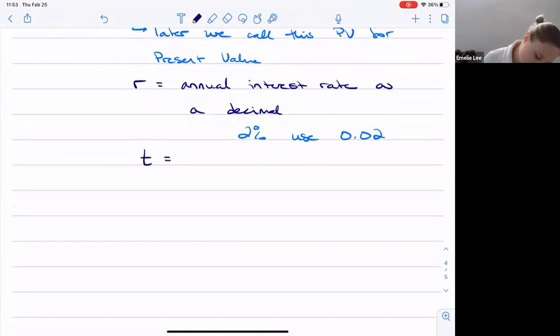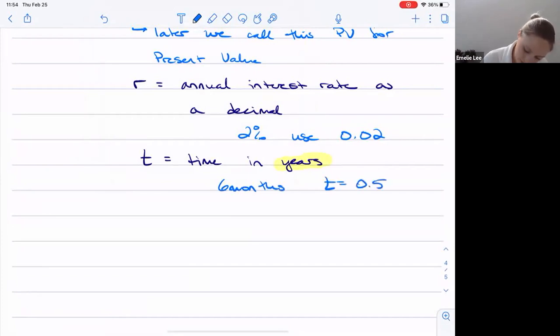So T is the time in years, and that's going to be super, super important. If I tell you 6 months, T would be 0.5. It has to be in years, otherwise it's not going to work.